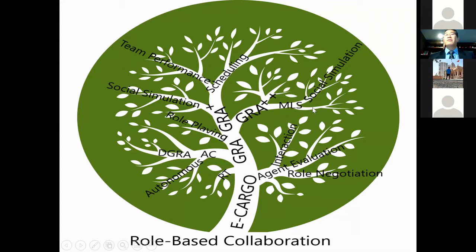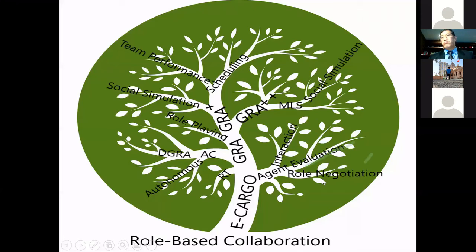And from role-based collaboration we can check role-playing situations and adaptive collaboration. From adaptive collaboration we can formalize and build what we call autonomous systems. And DGRA means dynamic group role assignment.